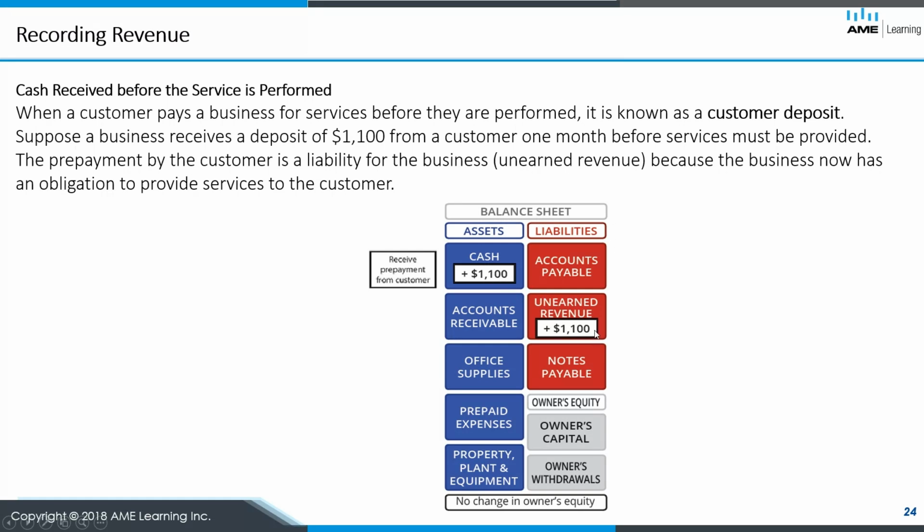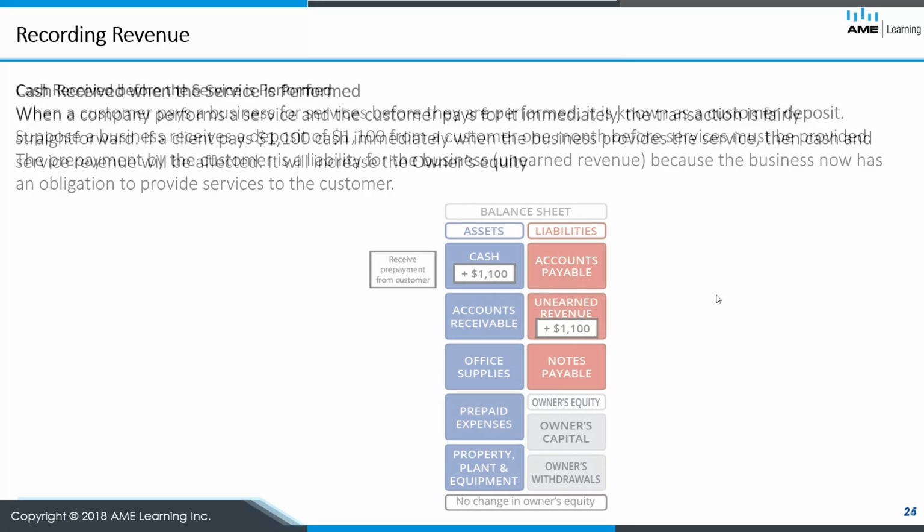So until you actually own it, even though you have the cash in your account, you don't actually own this cash yet. It still kind of belongs to the customer. You're just in possession of it until you do the thing that would earn you that money, basically. So it's a liability because we have an obligation to provide services to the customer.